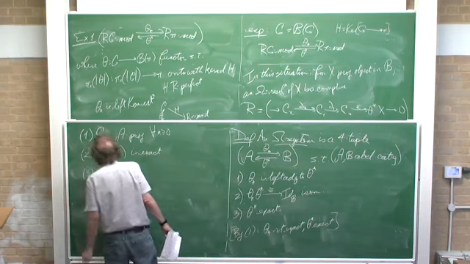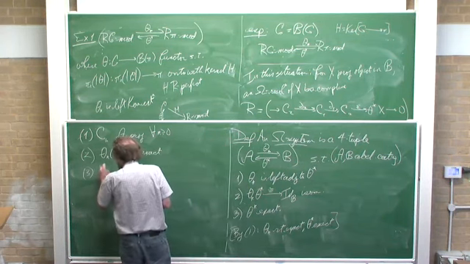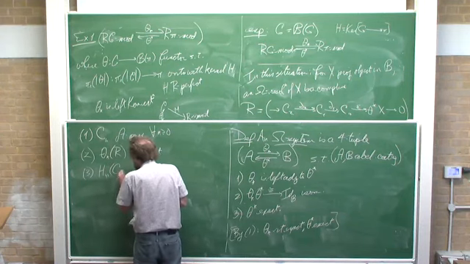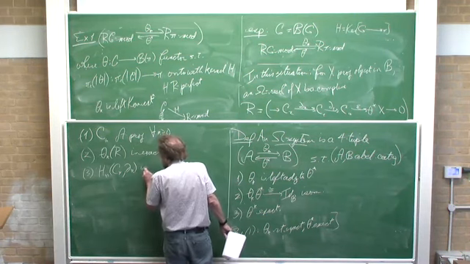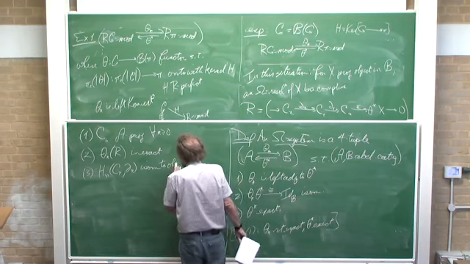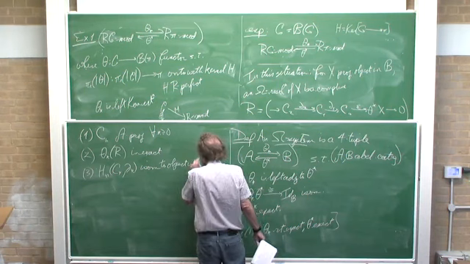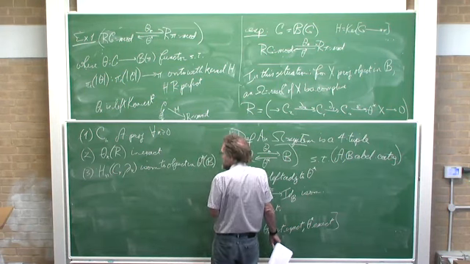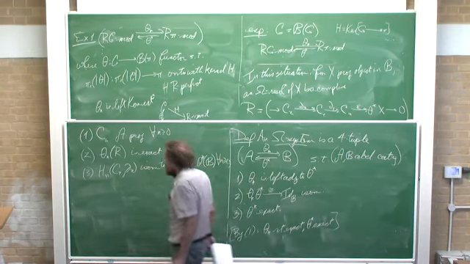And then the third condition is that each P_n is isomorphic to an object in the image of theta upper star, for all n.